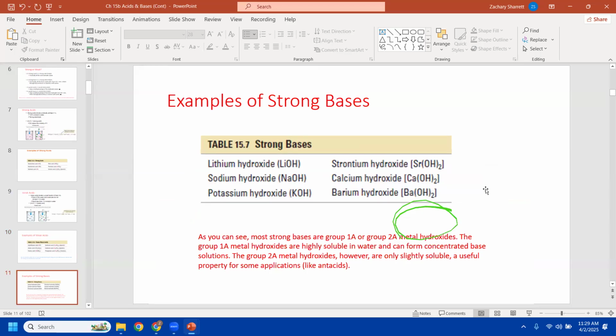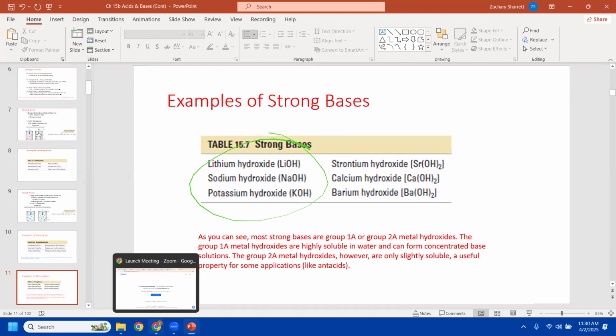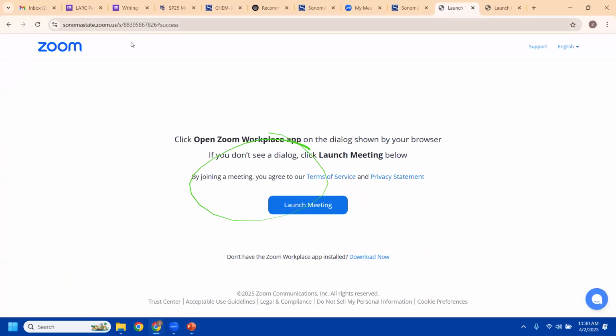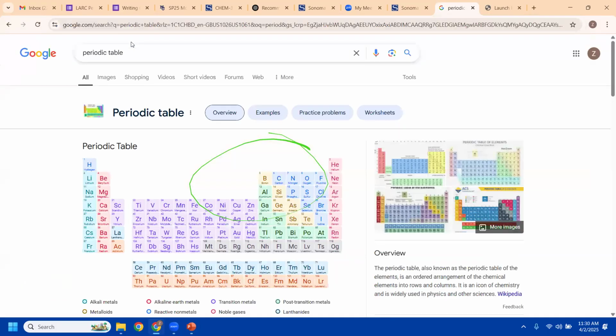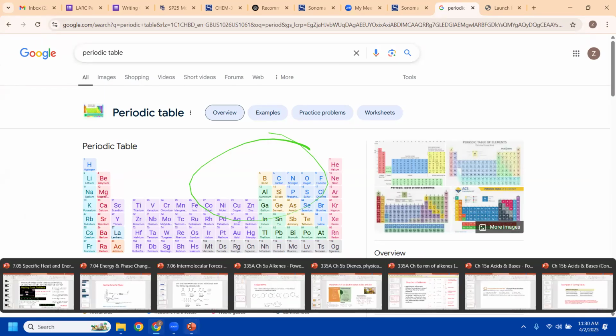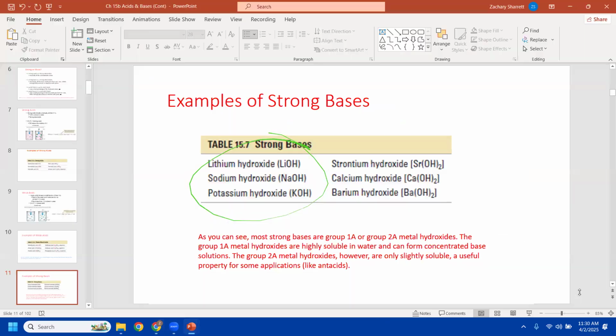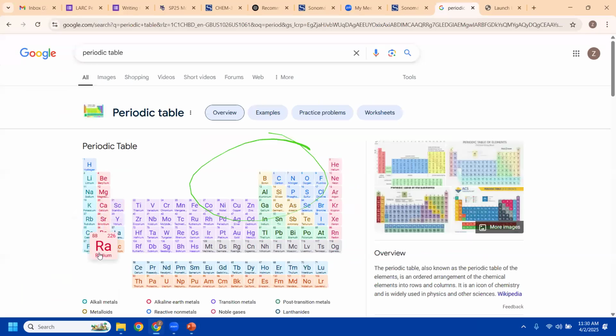Look at this list of strong bases. Lithium hydroxide, sodium hydroxide, potassium hydroxide. If we were to look up a periodic table, notice that lithium, sodium, and potassium are all in the same row, right? Strontium, calcium, and barium are also.